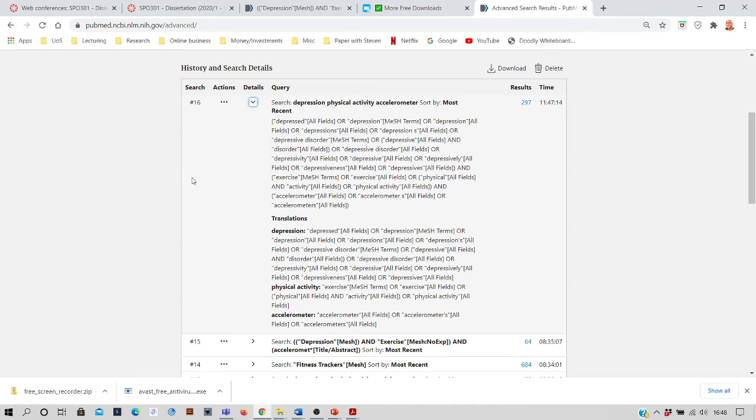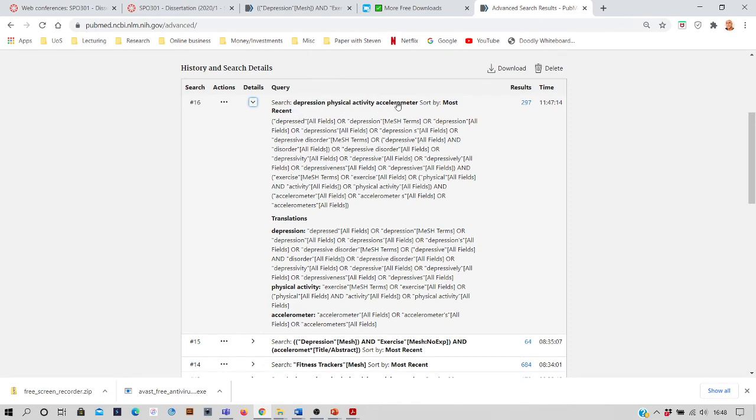And so because I didn't add any of these, you see the ands and the ors, those are Boolean operators, and they tell the search database what to do with the search terms.